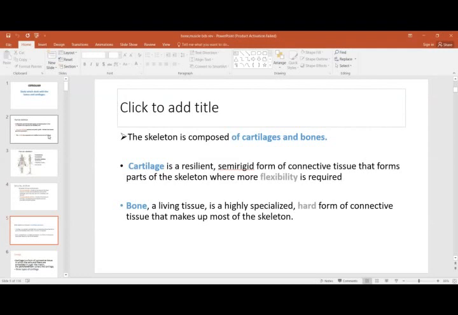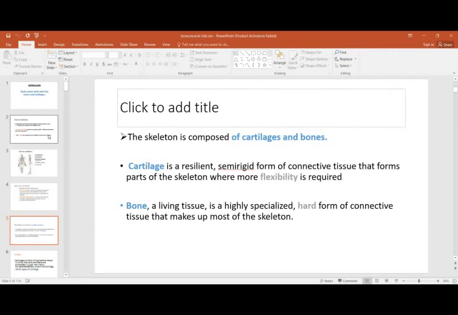Then what is the composition of the skeleton? It is cartilages and bones. Cartilage is resilient, a semi-rigid structure of connective tissue. Bone and cartilage are both connective tissue. You must have studied it by now in histology, so you know what connective tissue is. There are four basic tissues: epithelium, connective tissue, muscular tissue, and nervous tissue, which in different ratios are placed in different parts of the body.